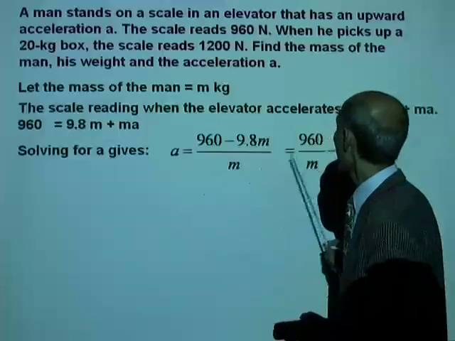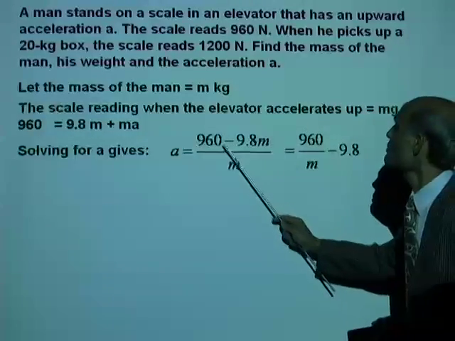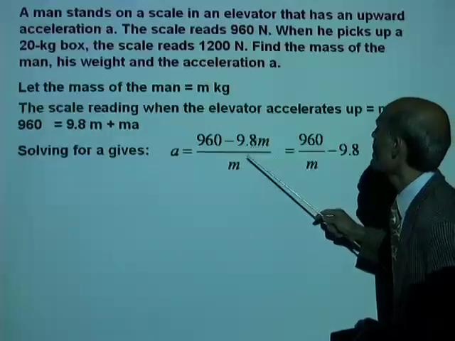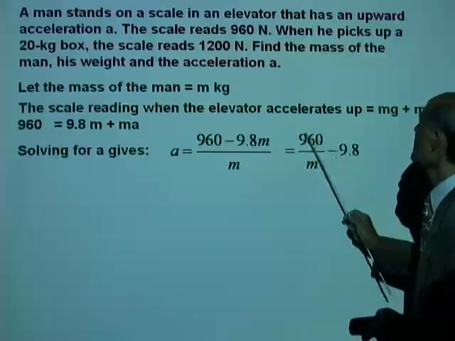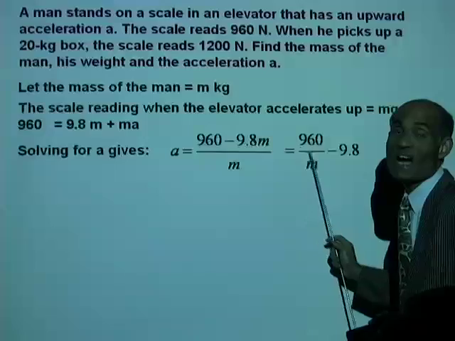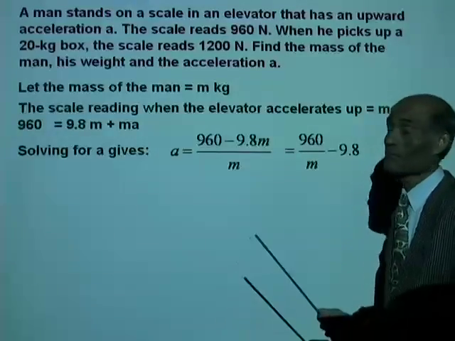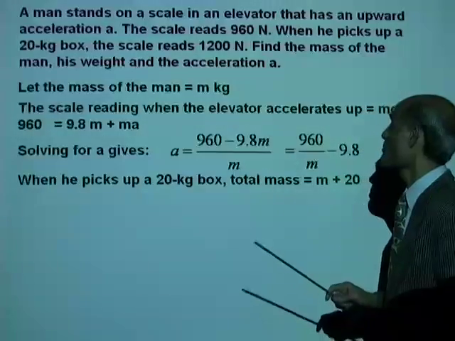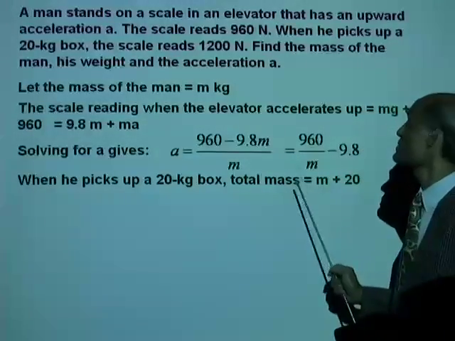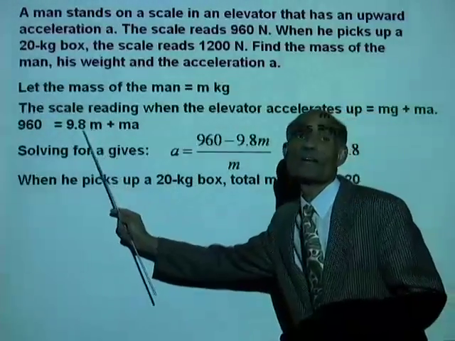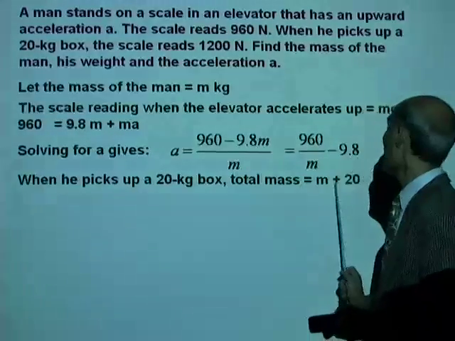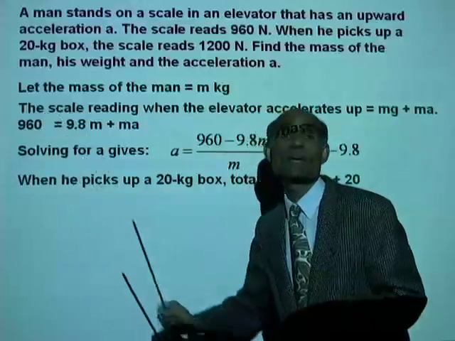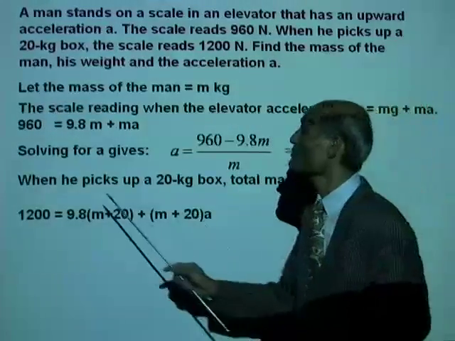Well, that will be 960 over m minus 9.8m over m, and this is now an equation for a. When he picks up a 20 kilogram box, the total mass now is m plus 20, and then the scale reading becomes 1200.